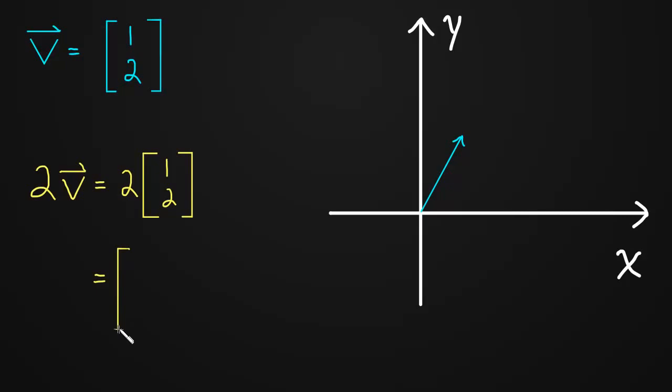So this becomes, I'll write out each step here. This is 2 times 1 and then 2 times 2, which of course simplifies to 2, 4. The vector 2, 4.